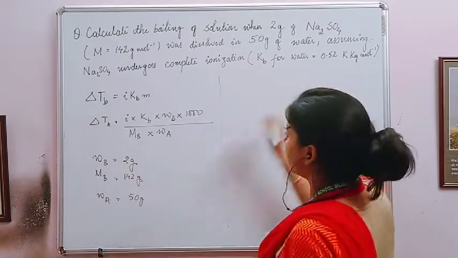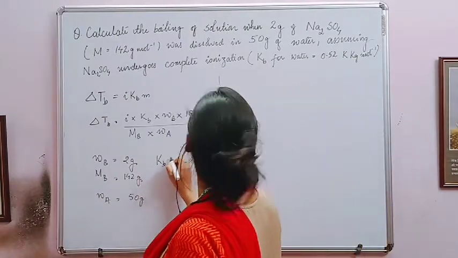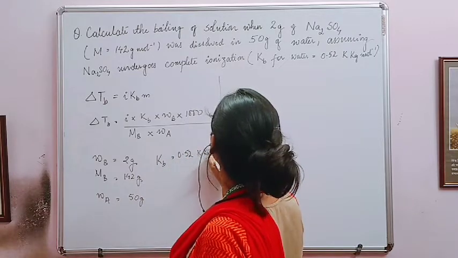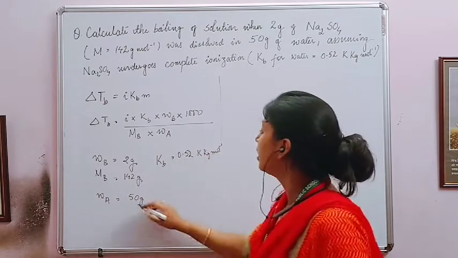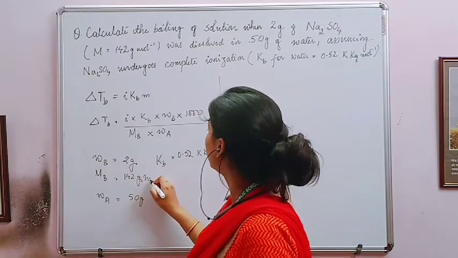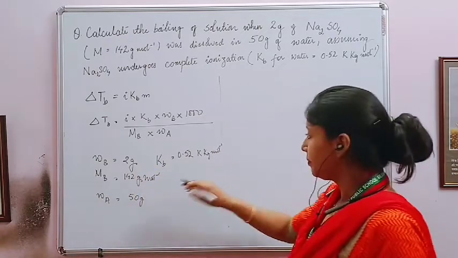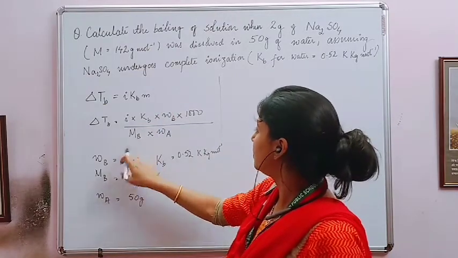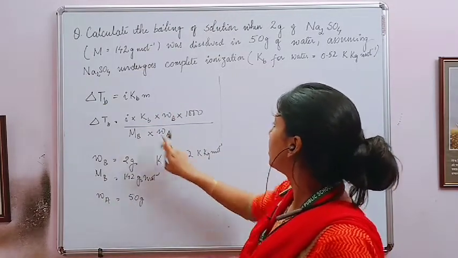Kb is also given, so Kb is 0.52 Kelvin kg per mole. Now, Wb is there, Mb is there, Wa is there, Kb is there.